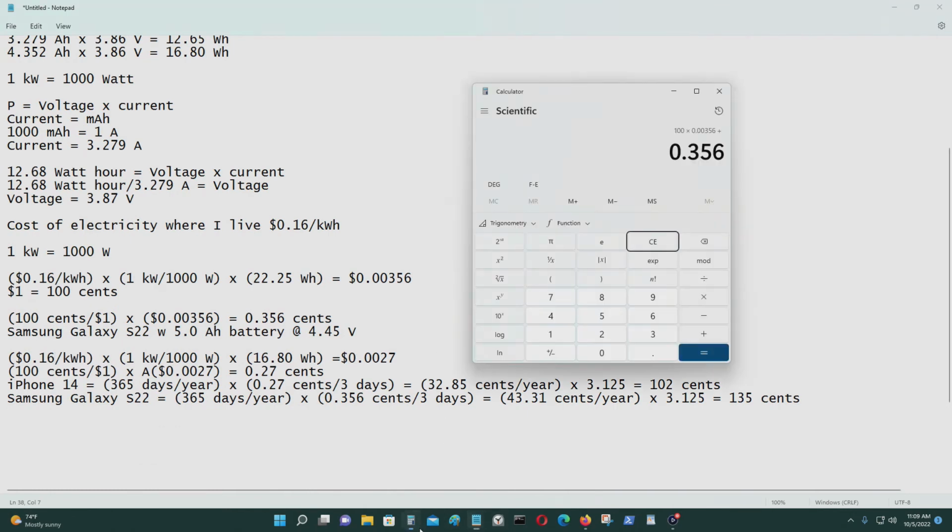So we get 0.0027 dollars. This is how much it would cost, and we convert that to cents. That's 0.27 cents.